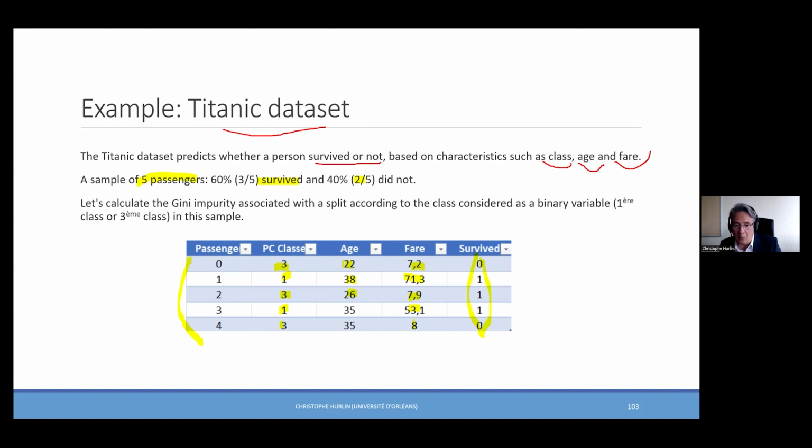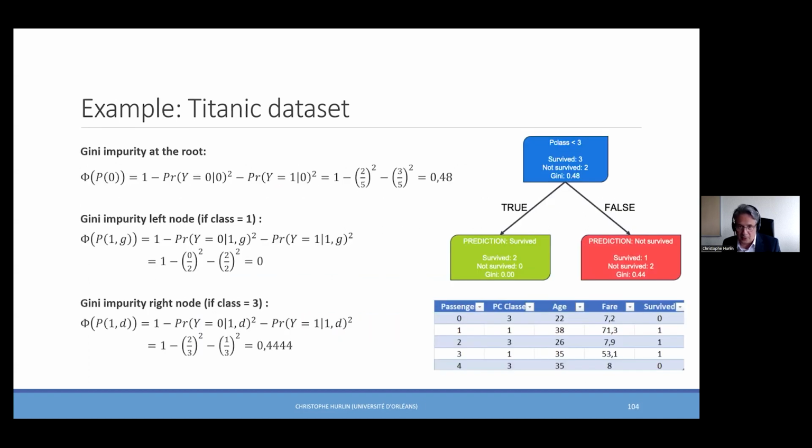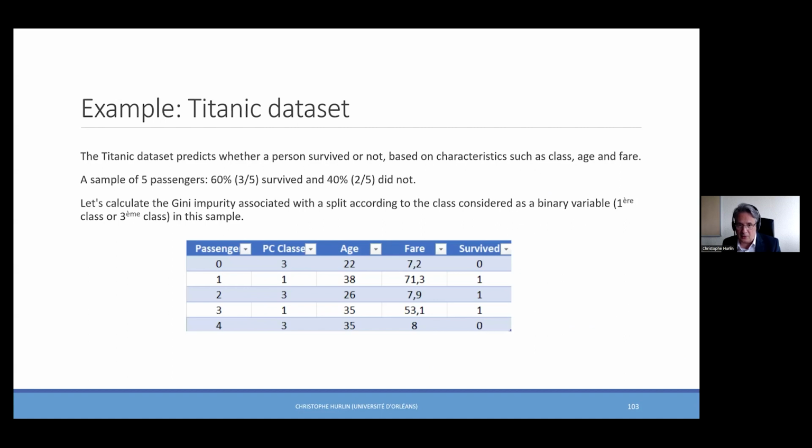And I propose you build a decision tree for this sample. So how to start? First, I will consider the class to make the binary division.